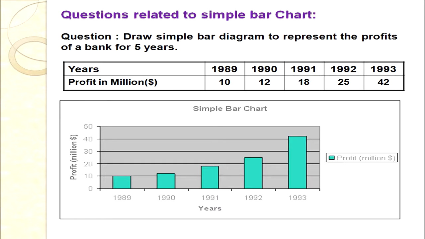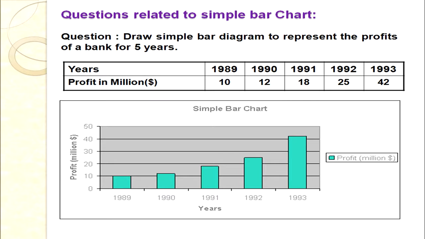Now the profits. The lengths of the bars are going to change as the profit changes. So on the y-axis I am writing profit in millions of dollars, and then I am plotting 0 to 10, 10 to 20, 20 to 30, 30 to 40, 40 to 50. As we can see, the data starts from 10 and ends at 42. So the first step for each student is that you must label your diagram first and then draw, otherwise you will forget afterwards.